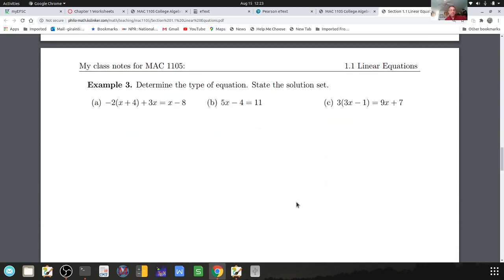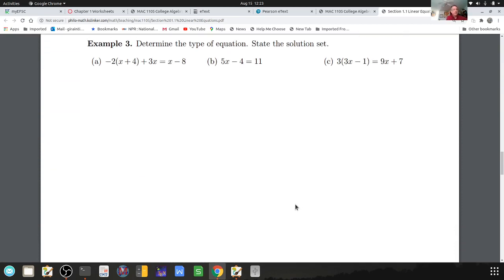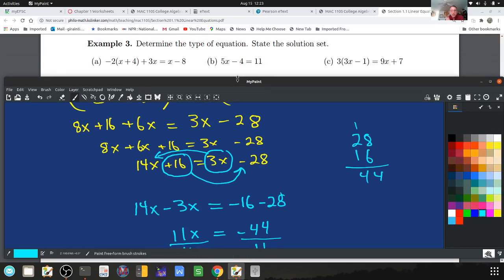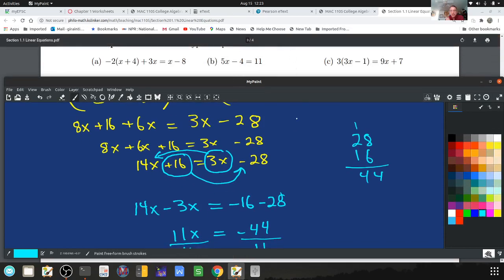Good to go. So now we're going to do example 3. We're asked to determine what type of equation each is and state the solution set.